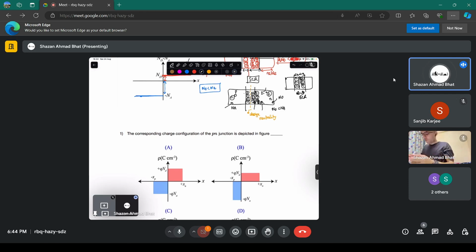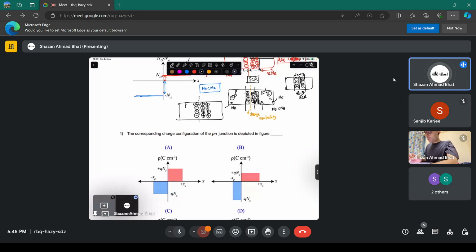I hope I didn't confuse you, but maybe I said a very large statement. If you have negative ions on this side, then it looks something like this on the N side, because there are fewer dopant atoms as compared to the P side.